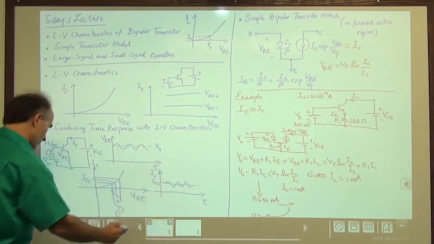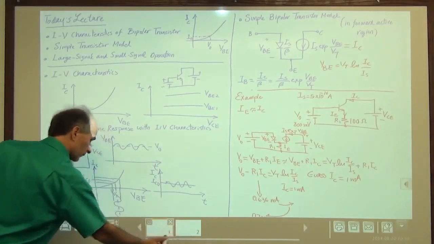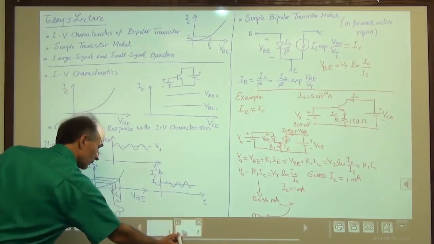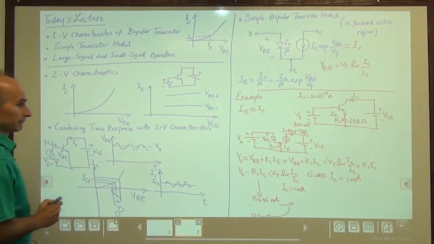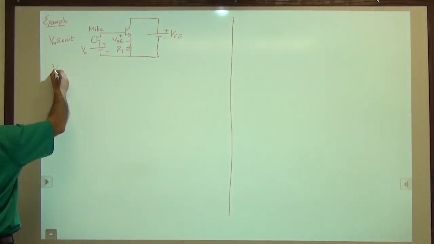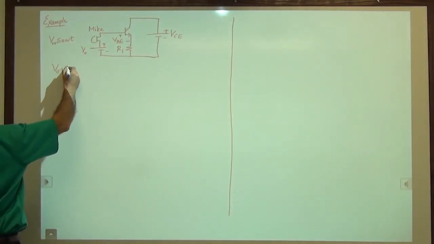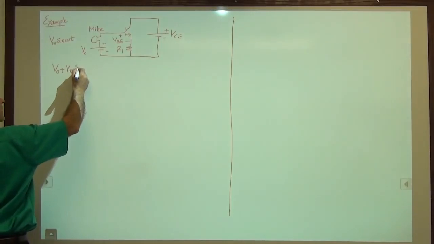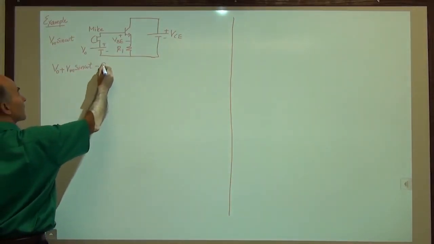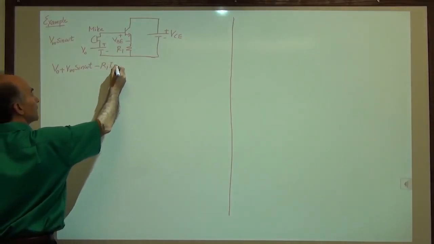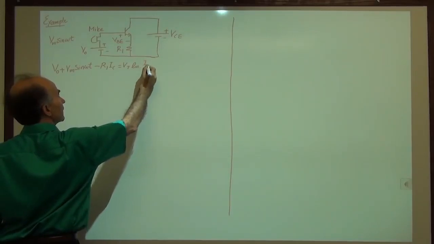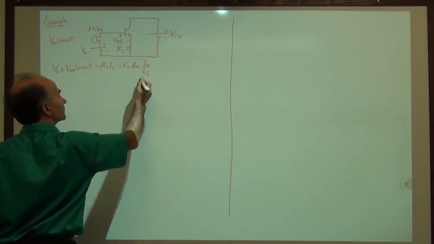So remember this equation, and we'll go to the next page and write it out. So let's see here. Okay, so we say V0 plus the microphone signal, Vm sine of omega t, minus R1 IC is equal to Vt log of IC over Is.